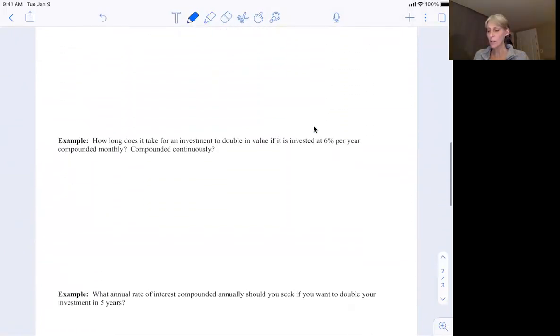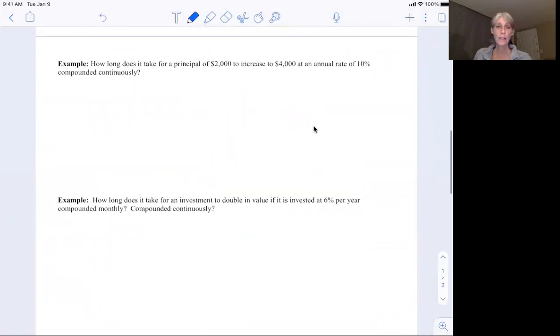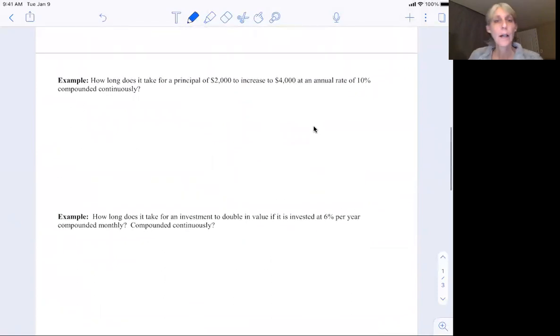Now let's look at some different types of problems. Very easy and straightforward. How long does it take for a principal of 2,000 to increase to 4,000 at an annual rate of 10% compounded continuously? When I read my problem, I'm looking for these things. When I see the words compounded continuously, I'm using this formula.